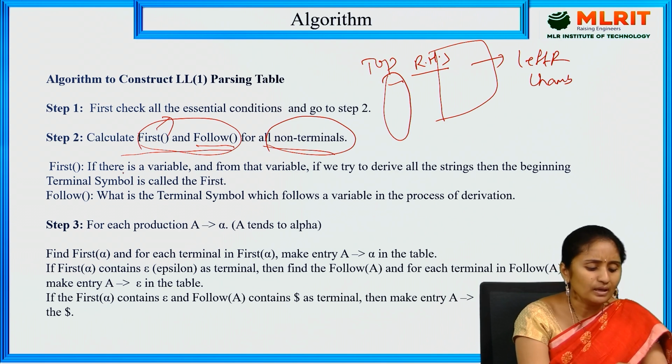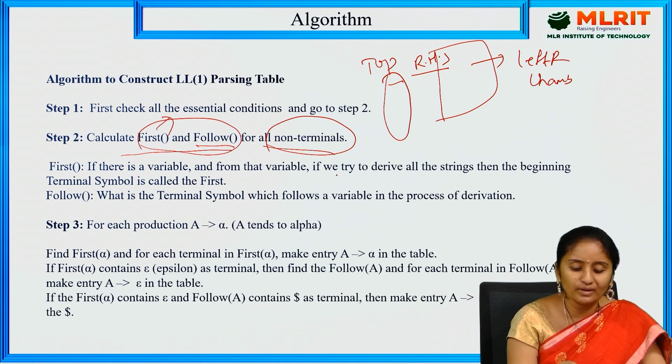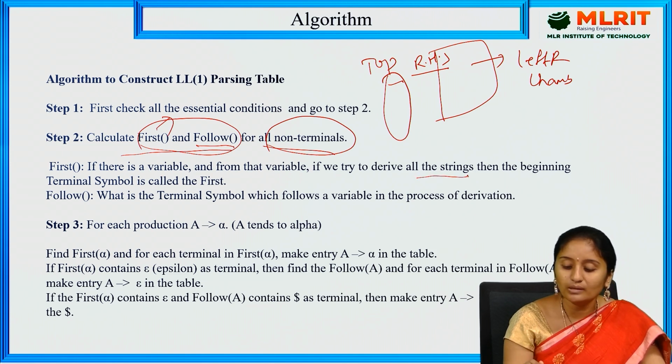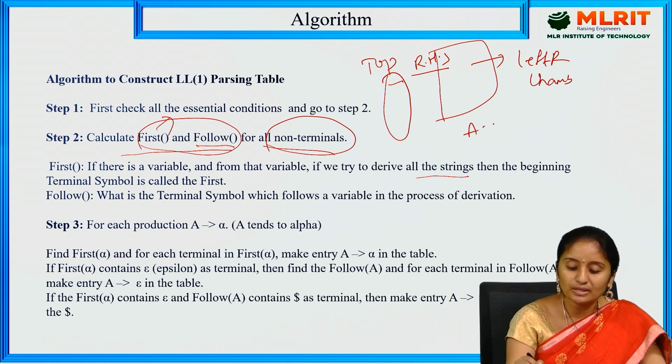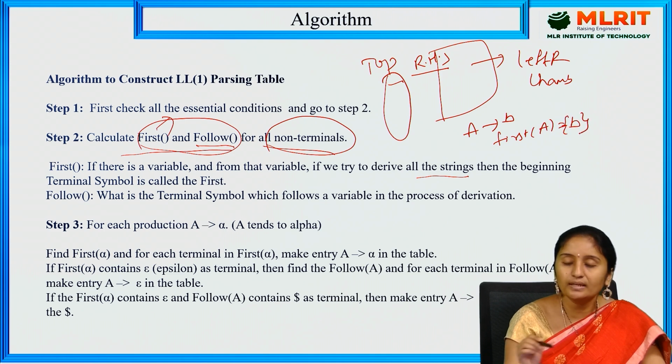See, if there is a variable and from that variable we derive all the strings, then the beginning terminal symbol is called the first. Suppose A tends to B, then first of A is B. We write it in the form of a set.